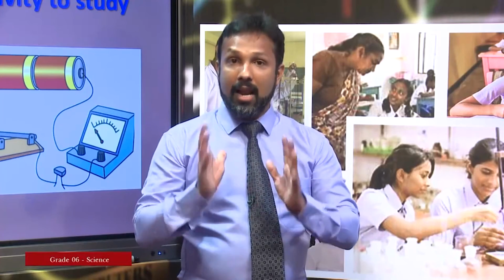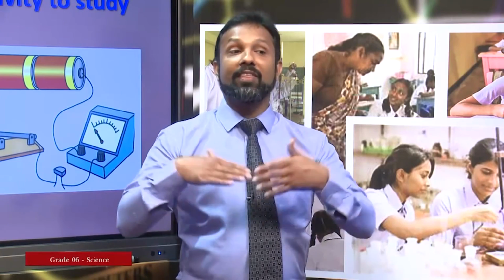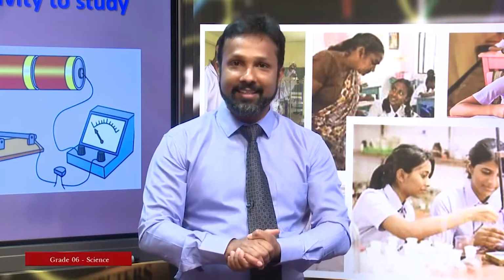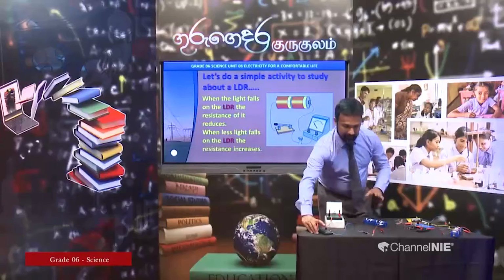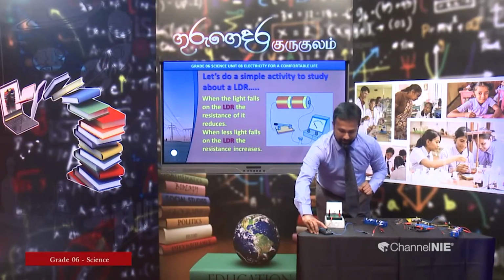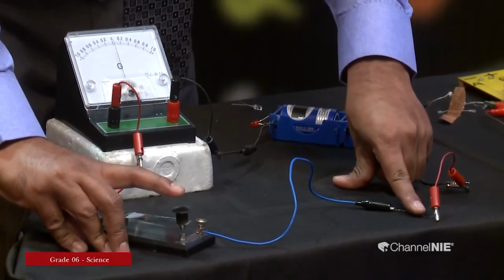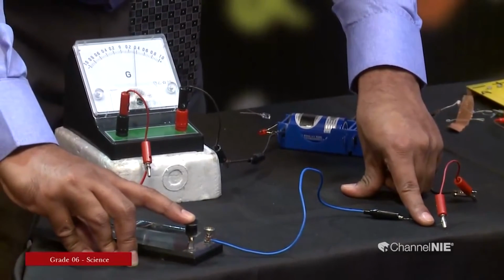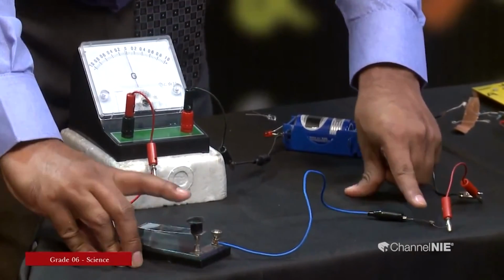When light does not fall on the LDR, or when there is dark, its resistance increases. I am going to show you again that activity. Light falls on that, more current passes because resistance decreases. Now I am going to cover the LDR using the finger. Only a little current passes through that. That is because of the increase in the resistance of the LDR. Right.